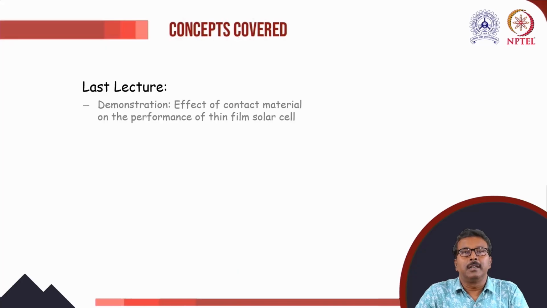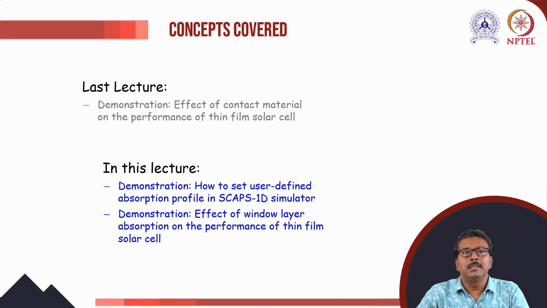In the last lecture we demonstrated the effect of contact material on the performance of the solar cell, and in this lecture we will demonstrate how to set a user-defined absorption profile in the SCAPS 1D simulator, followed by the effect of window layer absorption on the performance of a thin film solar cell.